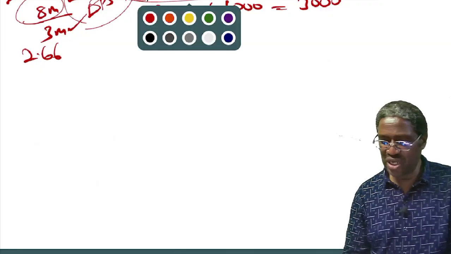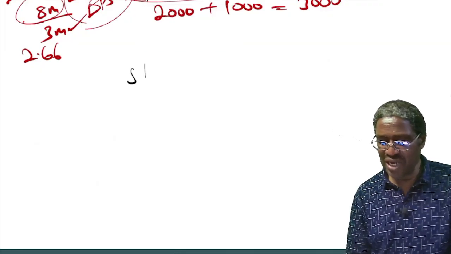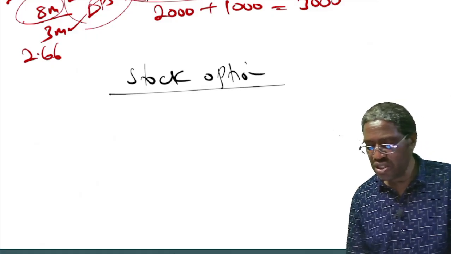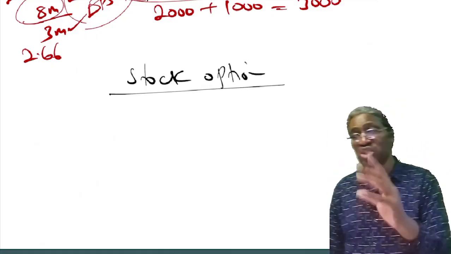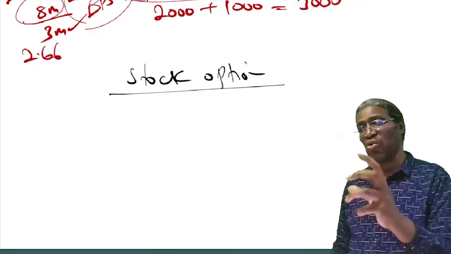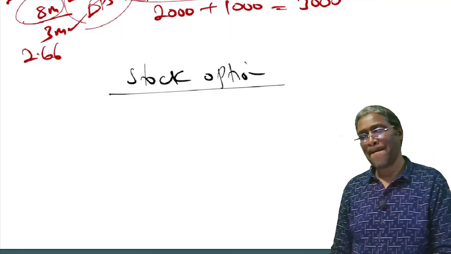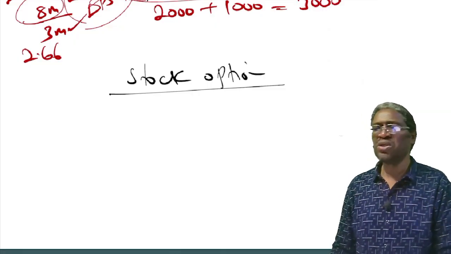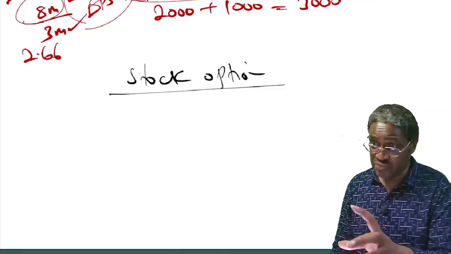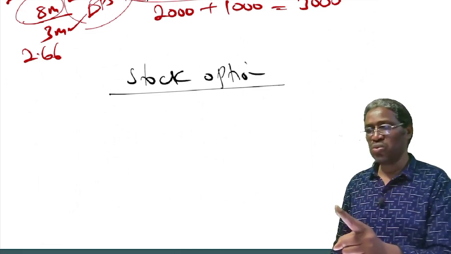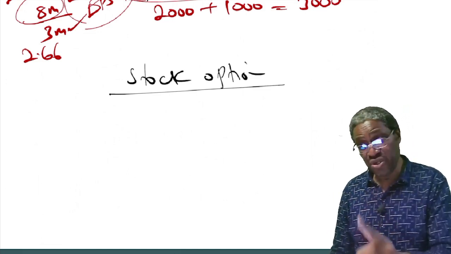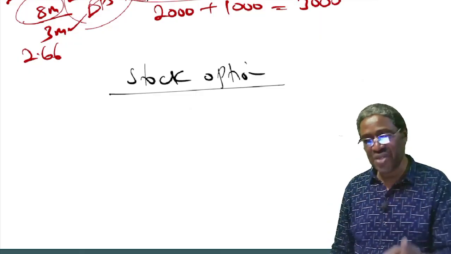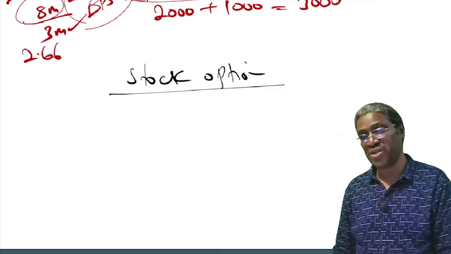And that is when shares are issued as a result of a stock option. How do you compute the weighted average number of shares when shares are issued as a result of a stock option? What is a stock option? I've already told you it's a privilege given to the employees to buy shares at a price below the market price. Good.